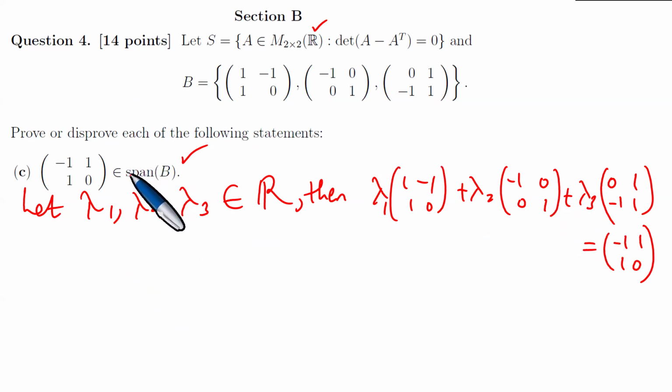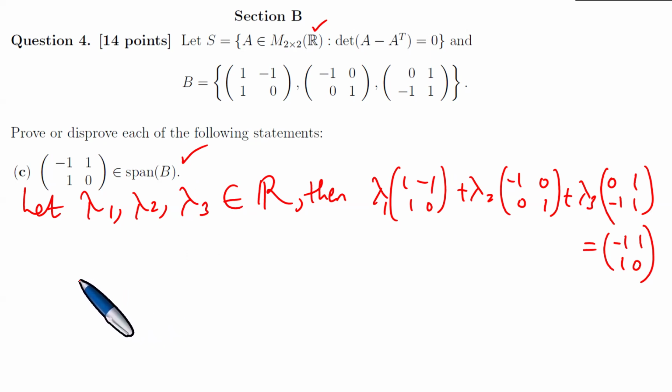They always ask the question of the span. So what do we do next after this? Then we need to check if this relation holds true, and we need to continue to check if this makes sense, but also if this relation is such that it has unique solutions or not.